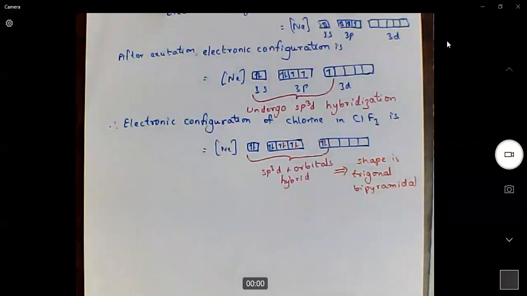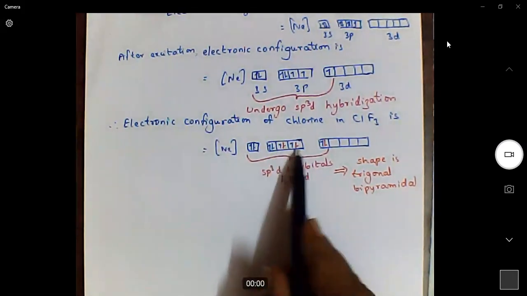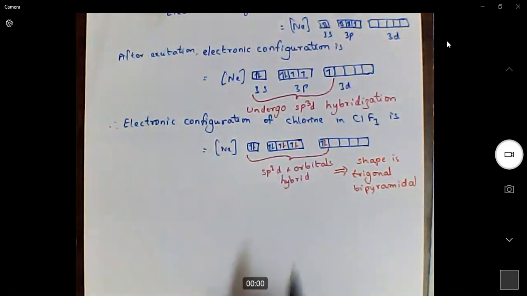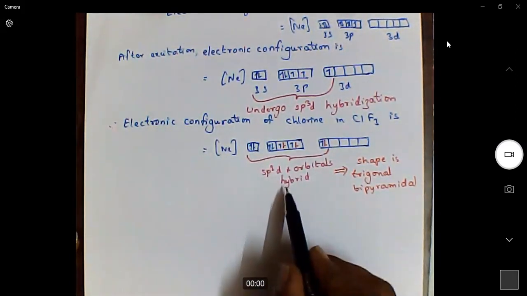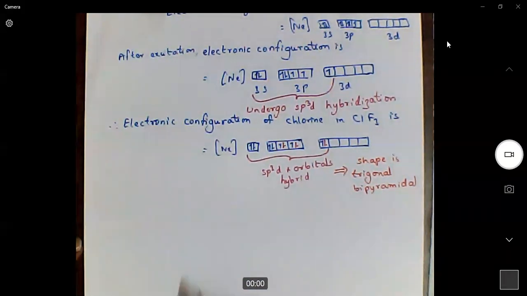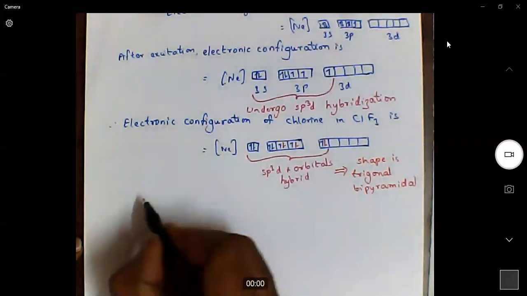Now we will try to draw the structure of the ClF3 molecule and try to place these 3 fluorine atoms and these 2 lone pairs in the molecule. If it is sp3d hybridization, then the shape is trigonal bipyramid. What is trigonal bipyramid?